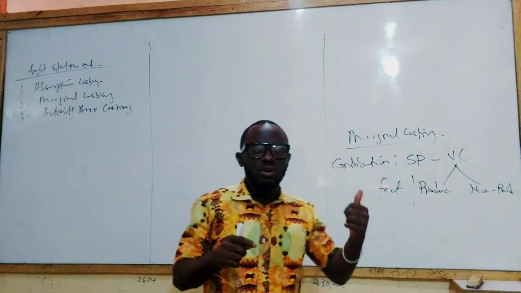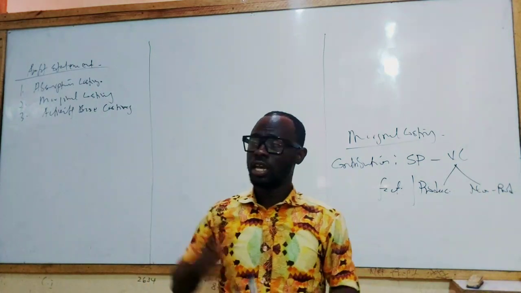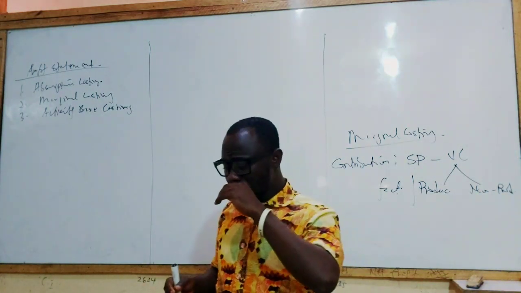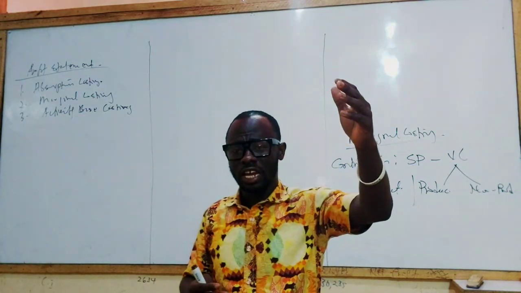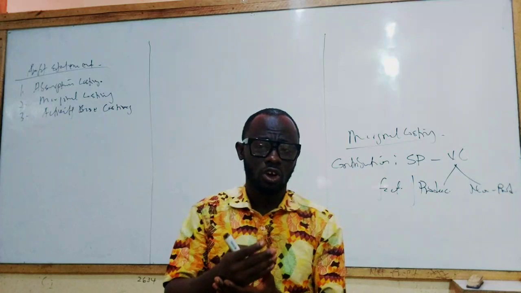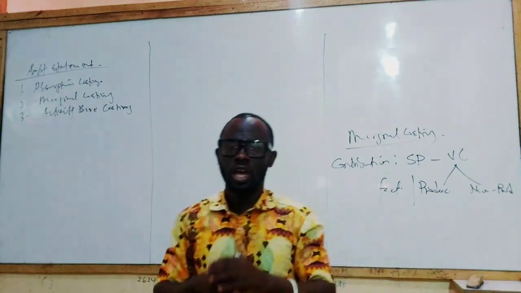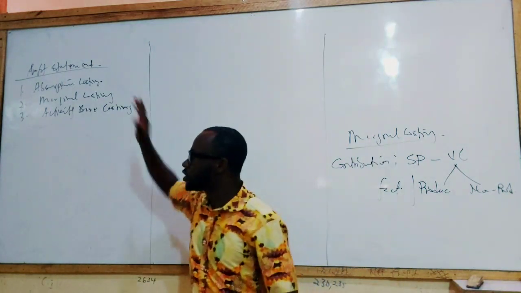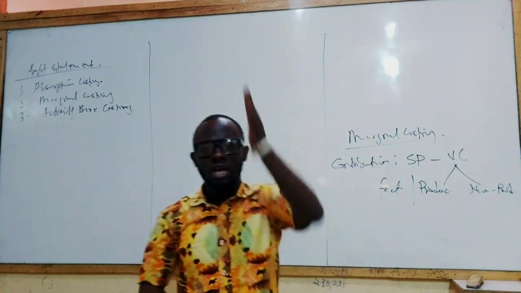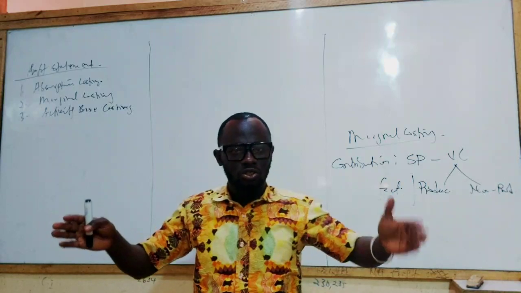Now, why are we doing that? Because marginal costing is a system where variable costs are deducted from the selling price and all the fixed costs are written off. In other words, when we are doing the cost statement or the profit statement using the marginal costing principle, all costs are divided into 2.